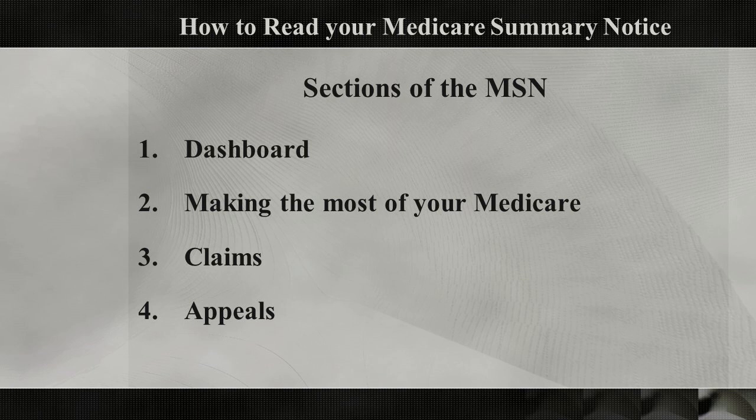There are 4 basic sections in each Medicare Summary Notice: your dashboard, a section entitled Making the Most of Your Medicare, your claims, and a section on how to handle denied claims and file appeals.